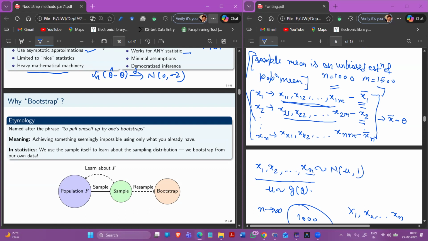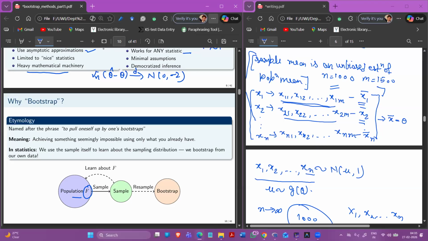All right. So, what is there? We have the population here. In this one, population F represents the CDF, or distribution function, of the population that is usually unknown. It could be any distribution: normal, exponential, gamma, and so on. In practice, we cannot observe F directly.